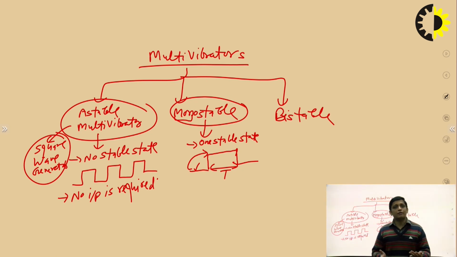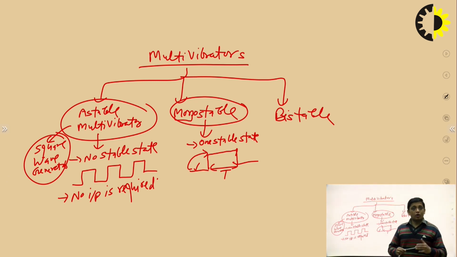Similarly, logic 1 can also be the stable state, fine. But only one state will be stable at a time. So in this case, I have assumed that logic 0 is the stable state. When the trigger input is applied, the output goes from logic 0 to logic 1, and it remains in logic 1 for the time duration t. After completing that time duration t, it automatically comes from high to low.